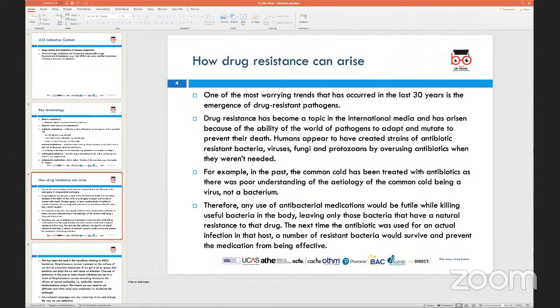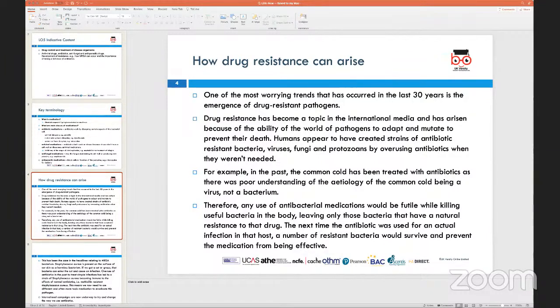So when we talk about resistance, what does that mean? It means that when a drug is administered, for example an antibiotic in the case of antibacterial infections, the response to these medications will start slowing down. These medications will stop having an effect against that particular type of bacteria.